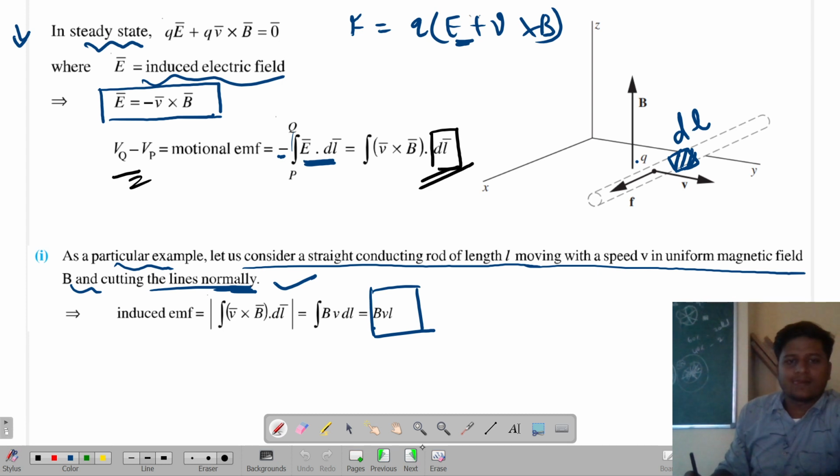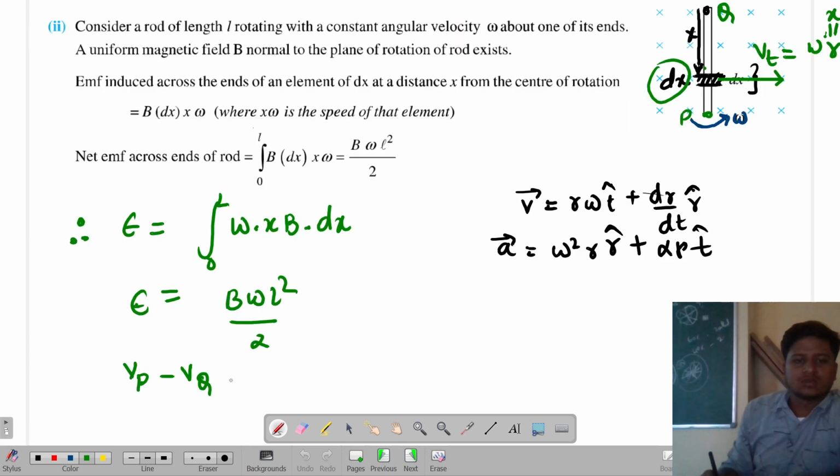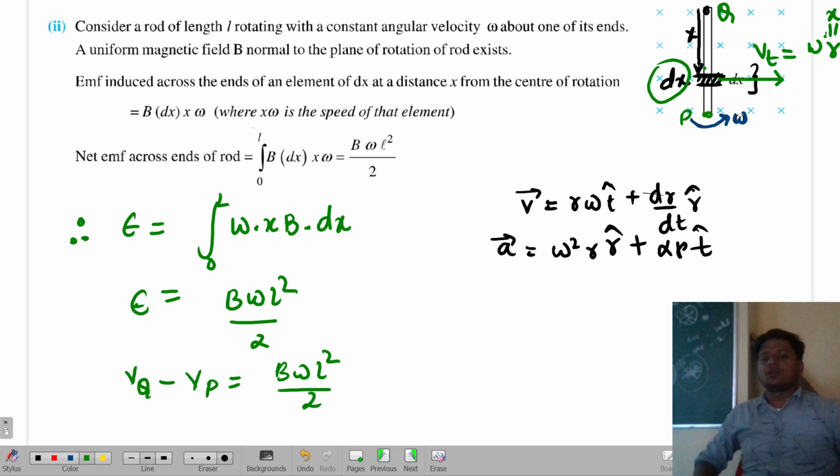Potential at Q minus potential at P, higher potential to lower potential, is going to be equal to B omega L square divided by 2. Is this clear or not? Yes or no? Is this clear? Okay. Can I move ahead?